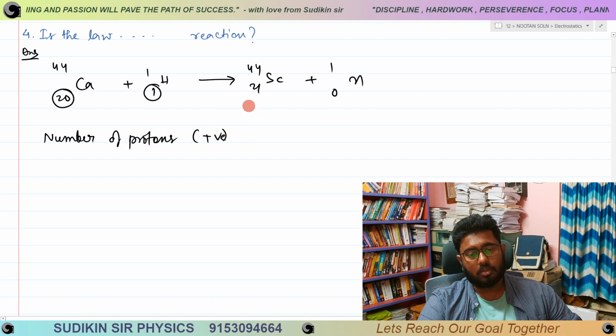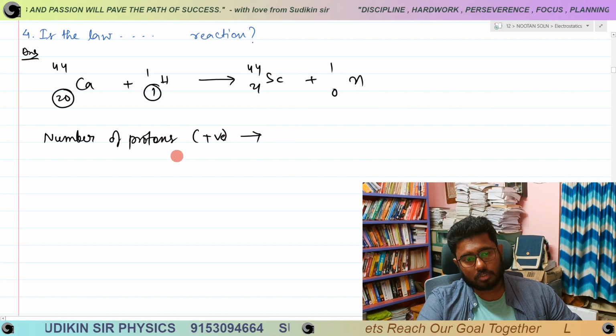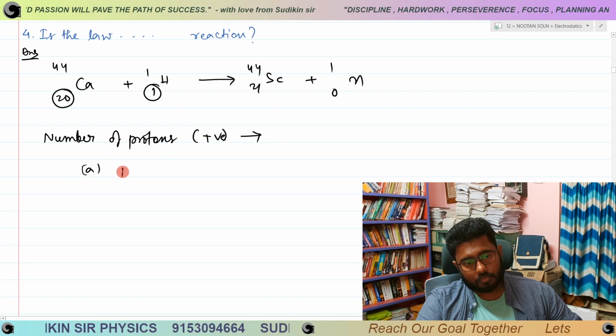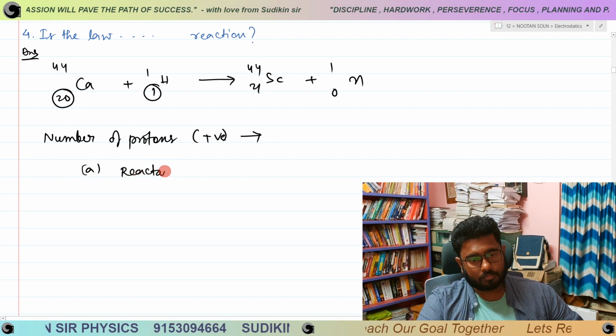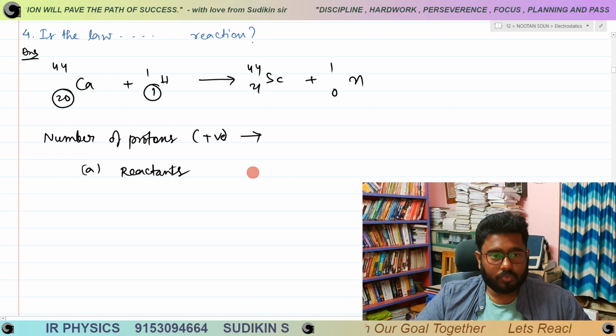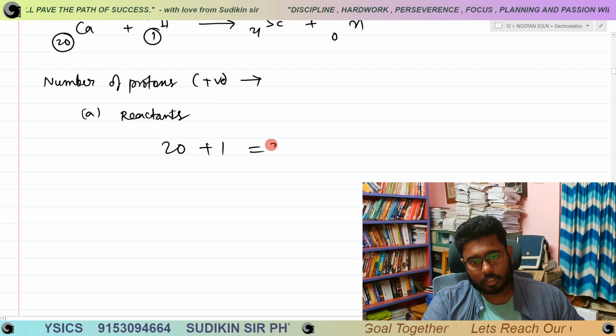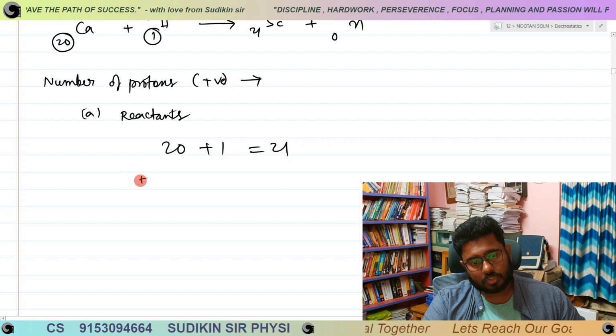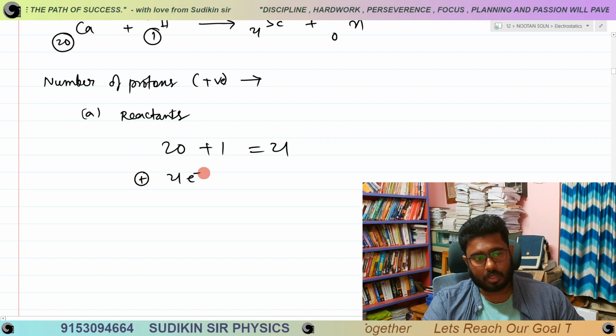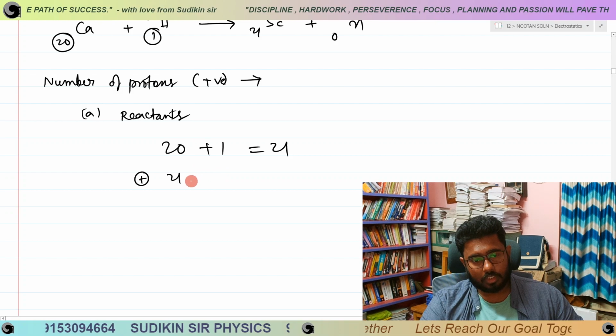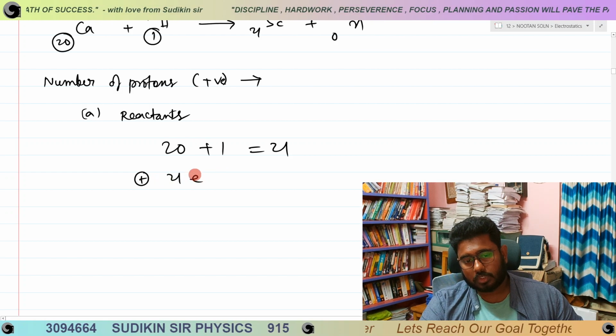The number of protons in the first reactants is 20 plus 1, that is 21. So the total positive charge is 21 e, where e is the value of the charge of an electron.